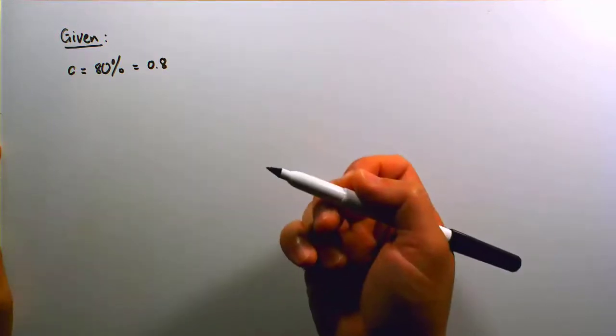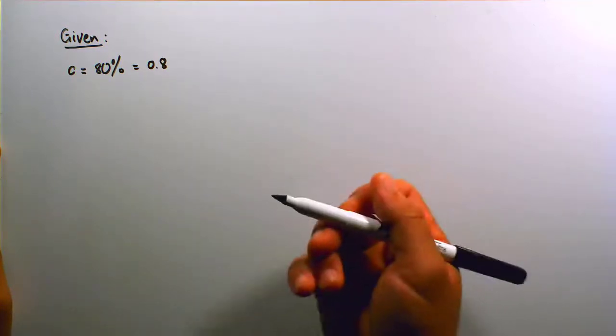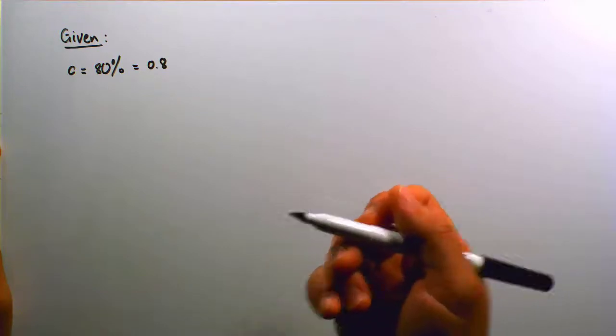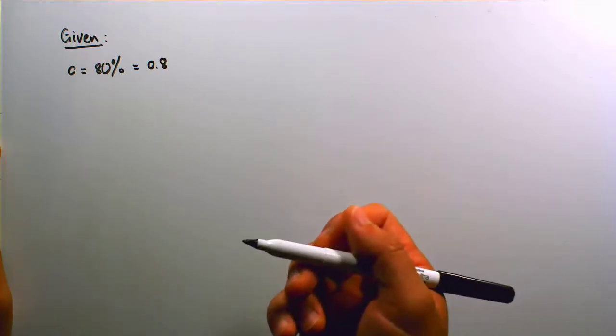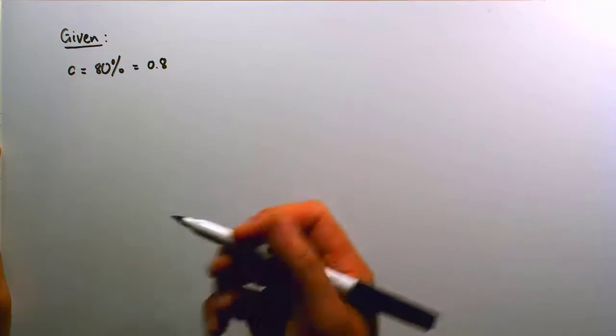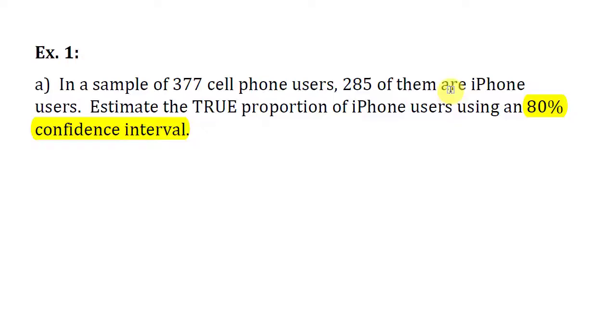Assumingly in these days, everybody is using a cell phone of some kind. There are Samsung users, there are Nokia, and there are iPhones. So we would like to estimate the true proportion of iPhone users, not only in the US, not only in China. I'm looking at the global proportion of iPhone users.